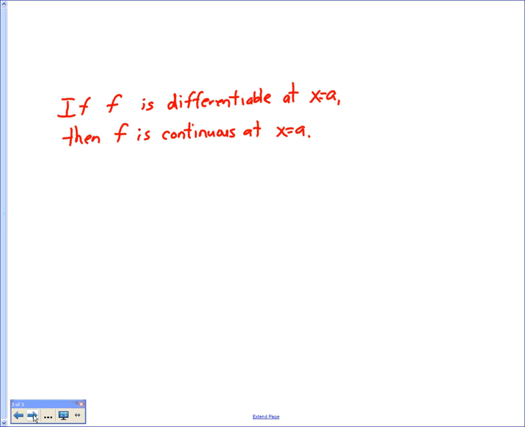So if a function has a derivative at a particular value a within its domain, then it's also continuous at that particular place within its domain.